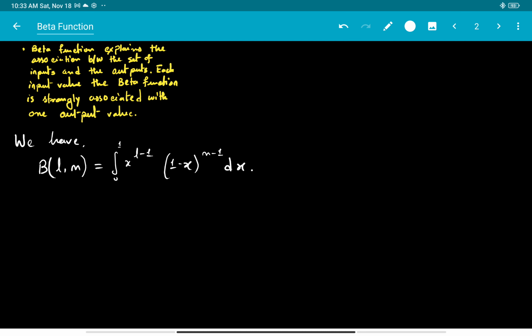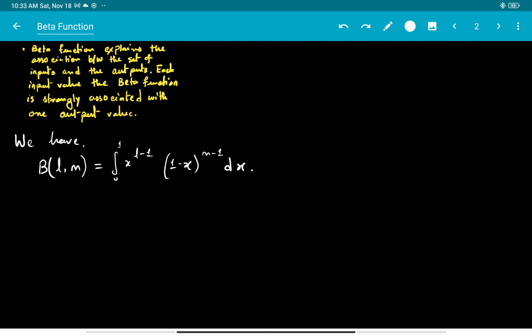Okay, so m is a positive integer, so then we'll solve this by parts, integration by parts, and this 1 minus x term will be our first function.